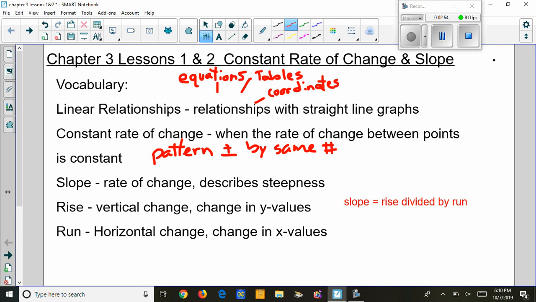To determine slope, we need our rise, which is our vertical change, or our change in our y values, and our run, which is the horizontal change, so left to right, and that's our change in x values. What might be helpful to note is when I have a graph, you will always see your two axes. We have the x-axis and then the y-axis.